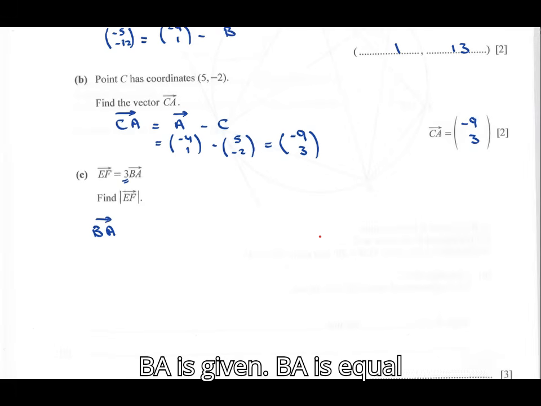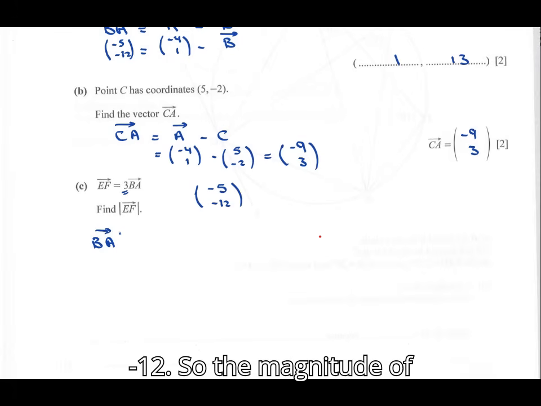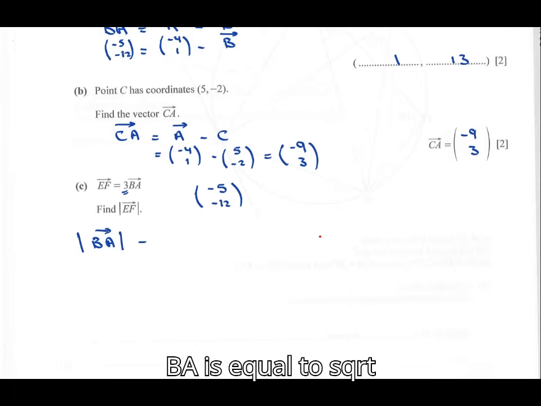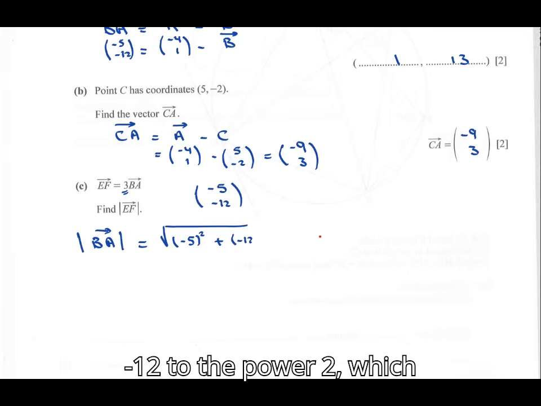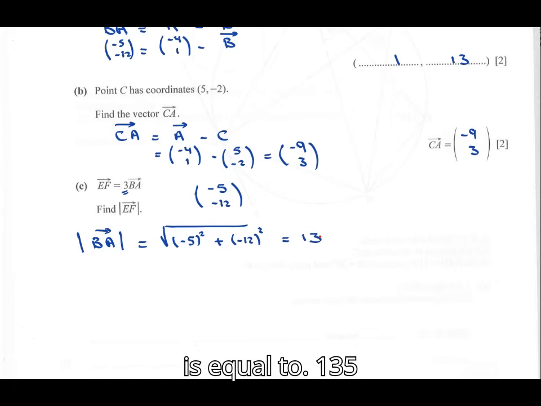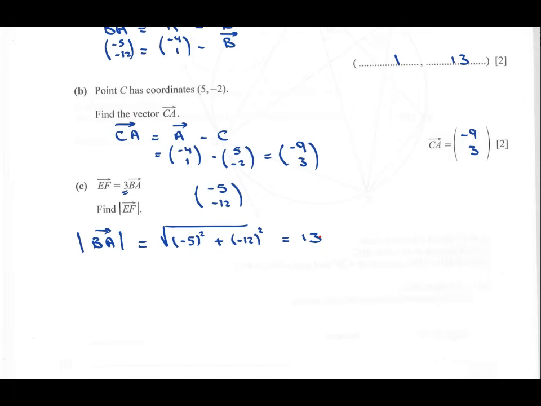BA is equal to (-5, -12). So the magnitude of BA is equal to the square root of (-5) to the power 2 plus (-12) to the power 2, which is equal to 13. 5 and 12 is one of the most famous triangles, 5, 12, 13.